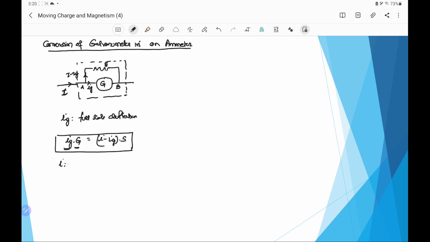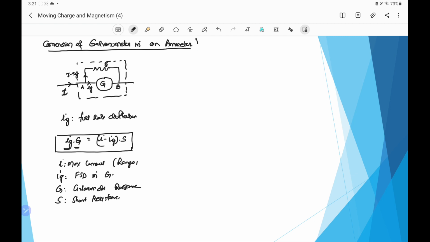Here I is the maximum current, or we can say it is the range of the ammeter, where Ig is the galvanometer current which gives full scale deflection in the galvanometer. G is the galvanometer resistance and S is the shunt resistance, and shunt resistance is always a very low resistance which is connected in parallel to the galvanometer to convert the galvanometer into an ammeter.